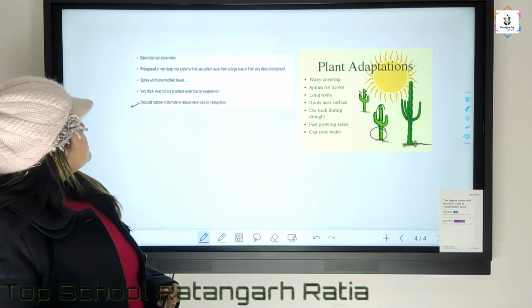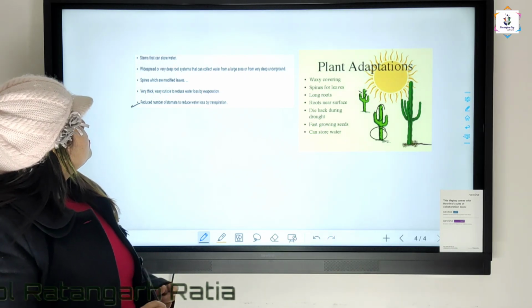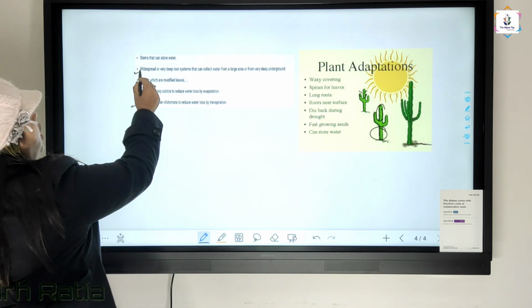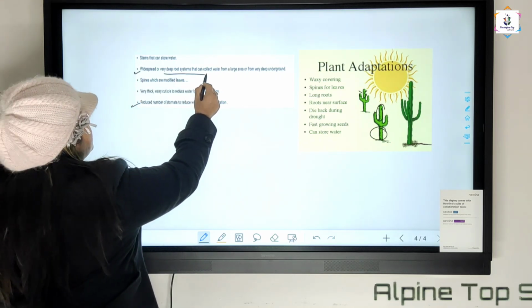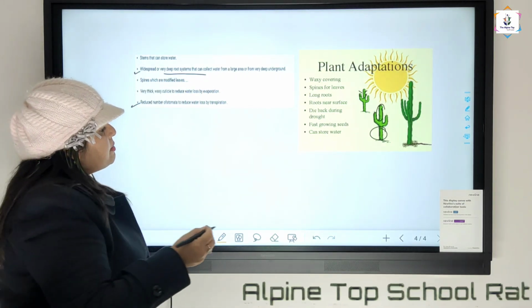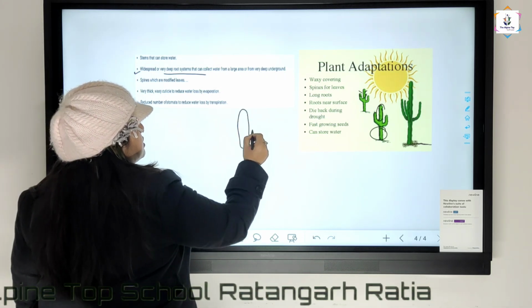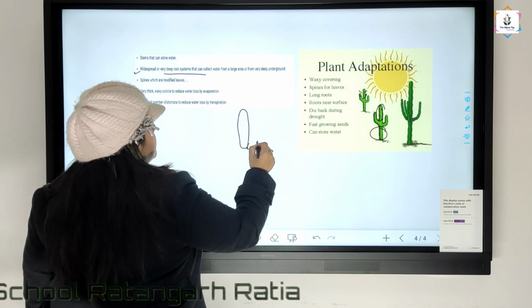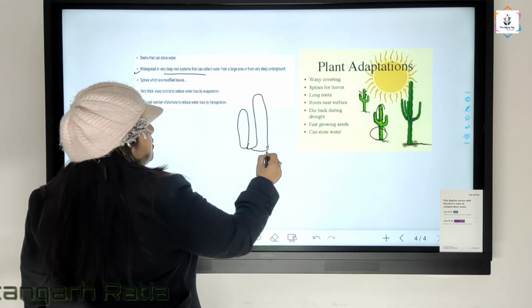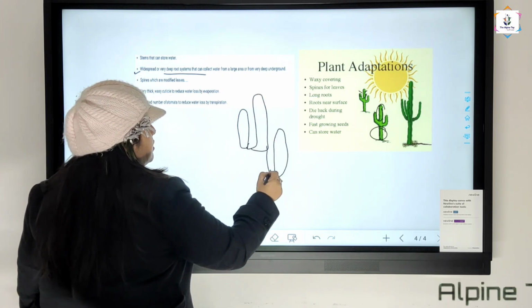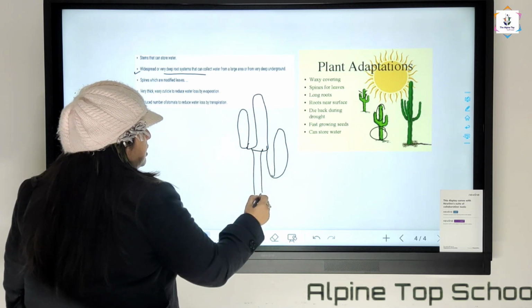Their roots are near the surface, and their roots are very widespread, or a very deep root system. Why do they have a very deep root system? For example, this is your cactus plant, with the main stem.